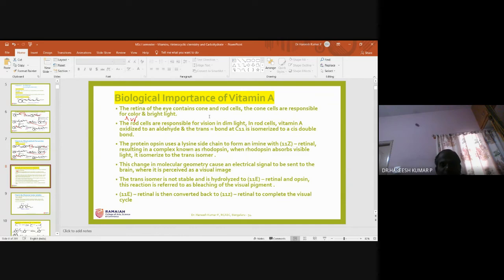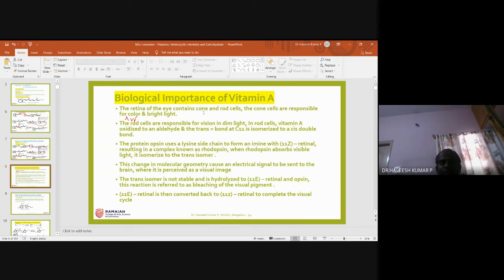So our eye contains retina. Retina of the eye contains cone cells and rod cells. Cone cells are responsible for the vision in color and light.